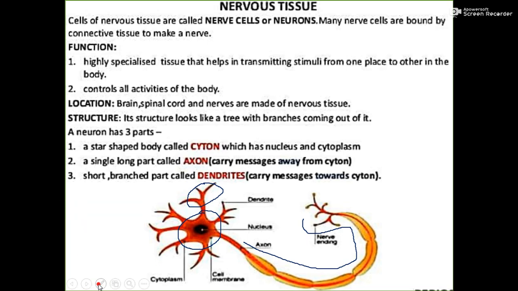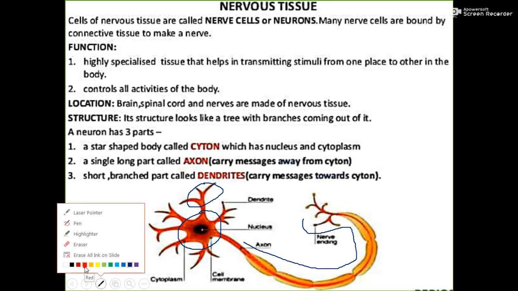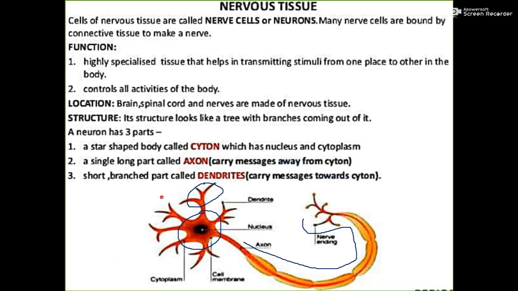I want to show you the path of the information. From dendrite, information is taken in, and through dendrite it is transferred to cytone.